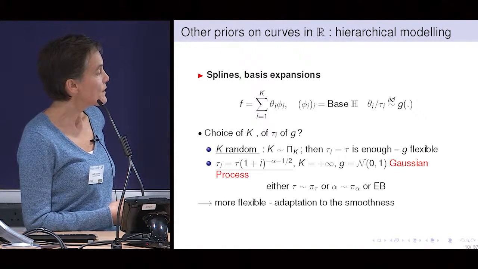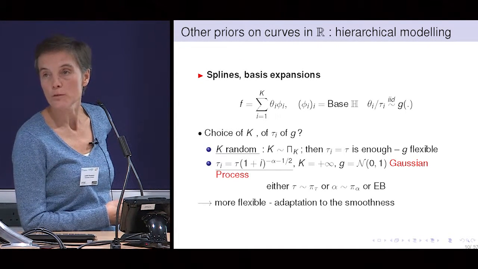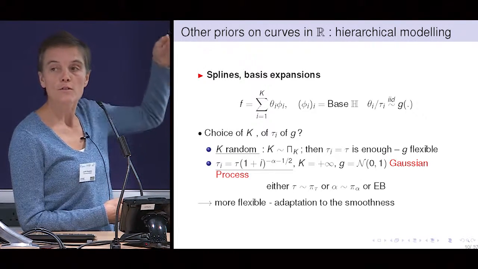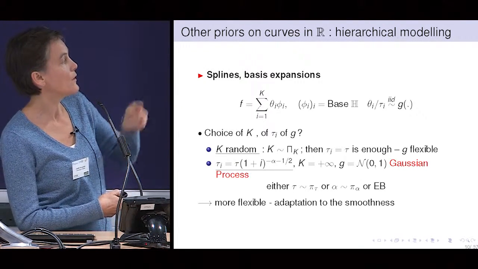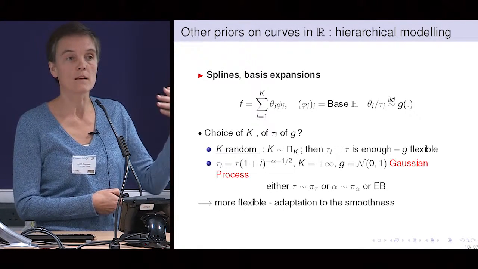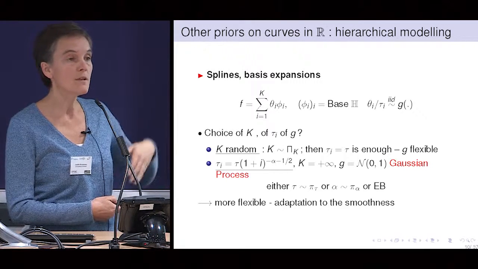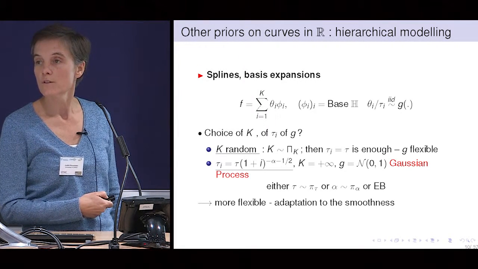Depending on how fast the variance goes to zero, you're going to have smoother or rougher paths. If the variances go to zero very fast, then it's a very smooth path, like the double exponential. If the variances go to zero slowly, then it's a bit like the Brownian motion. It's very rough.